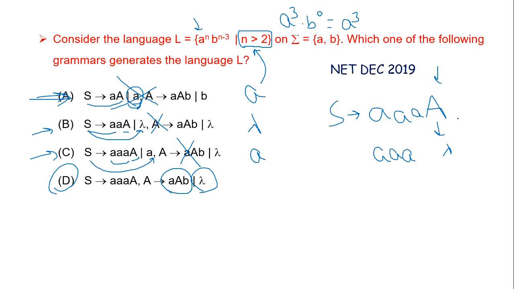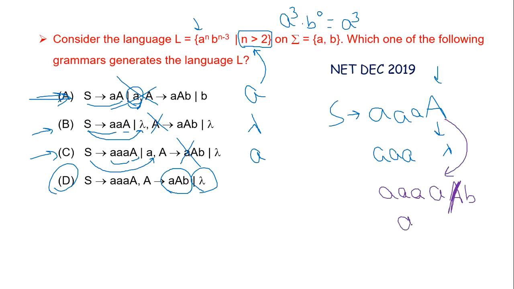Now let us see one more string. Suppose we are replacing this A with small a, capital A, B, right? And initially we have triple A. Now this capital A can be replaced with lambda, that is our empty string. We will just ignore it.